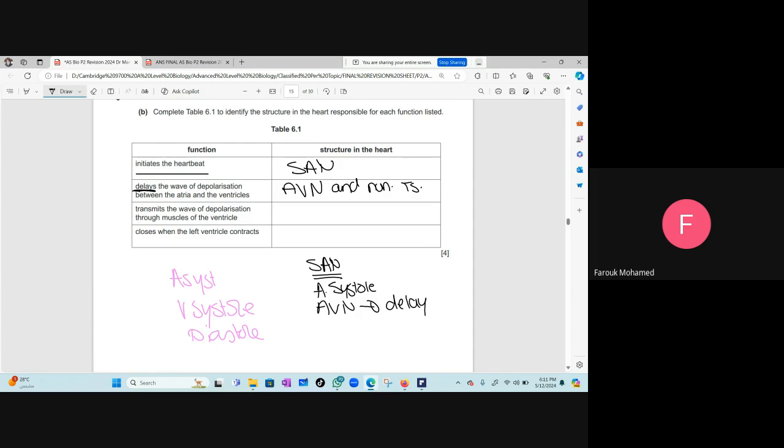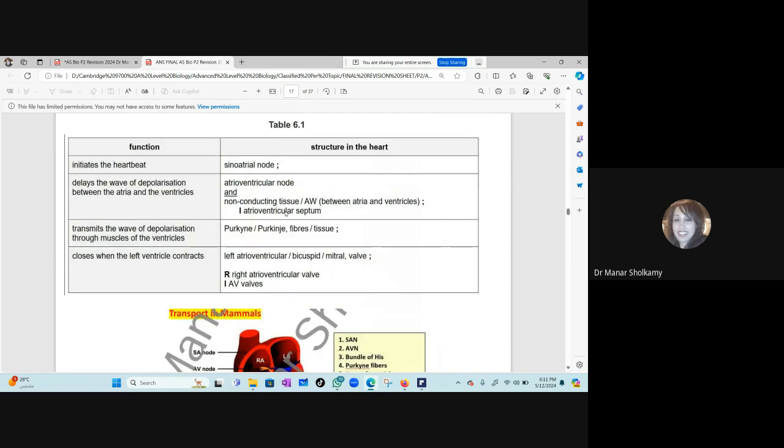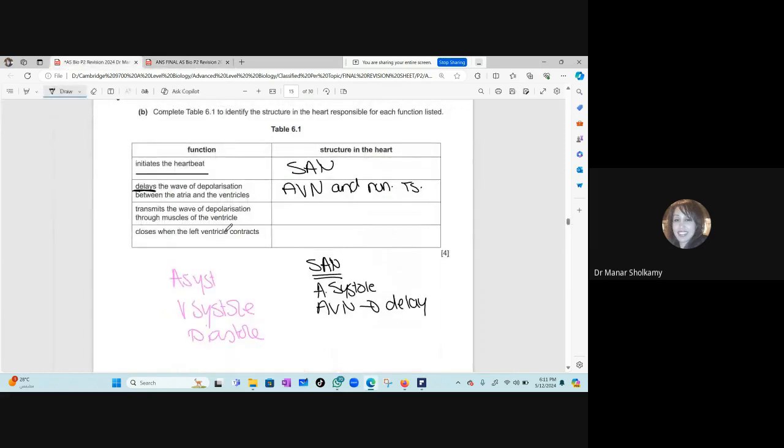Between the atria and the ventricles. Okay, and look here, I've got it from the mark scheme: atrioventricular node and the non-conducting tissue, or alternative wording, between the atria and the ventricles. It's not the septum, it's the non-conducting tissue. So these small details, we want to stress on them.